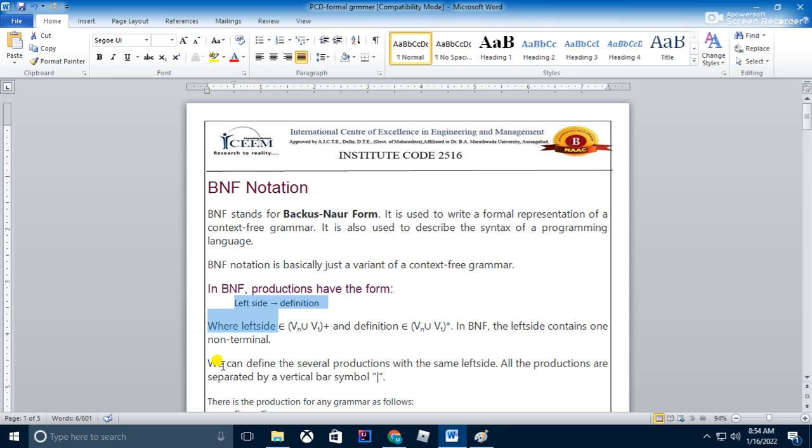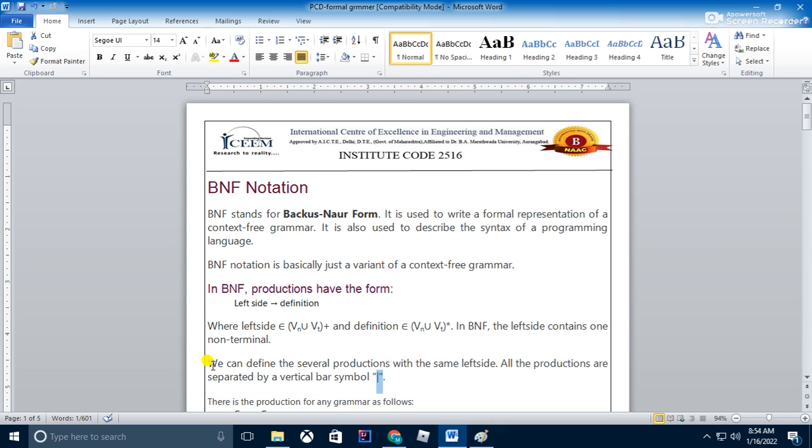From that, we can define several productions with the same left side. All the productions are separated by a vertical symbol, which we can call the pipe symbol.